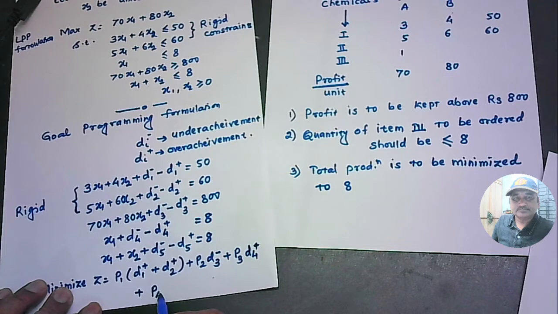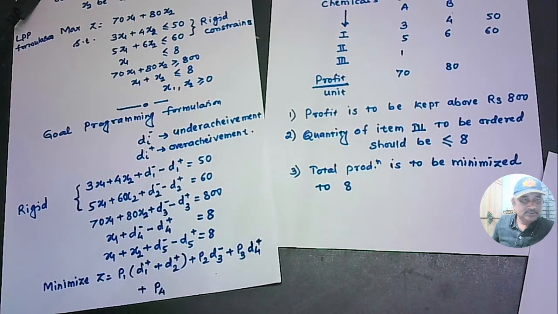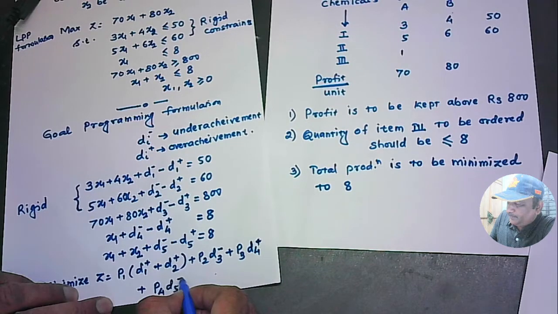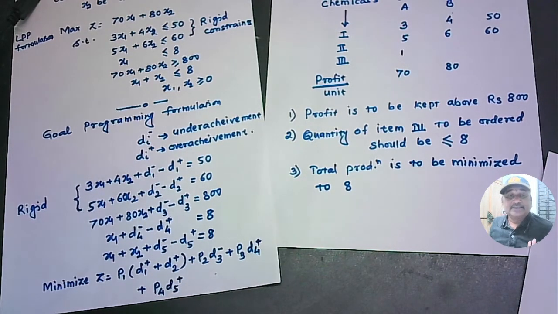You want to minimize D5 plus, overachievement. P4 D5 plus, right? This is the formulation.